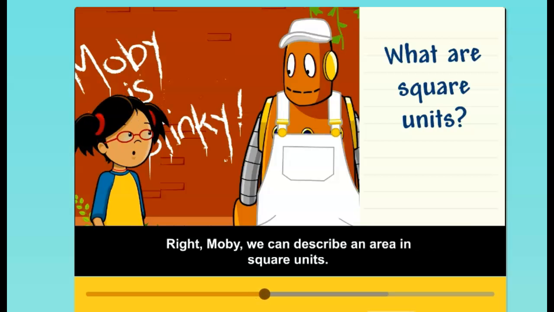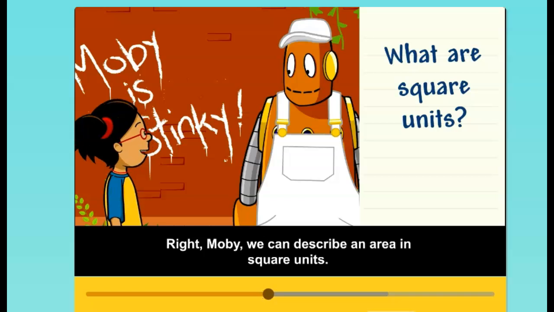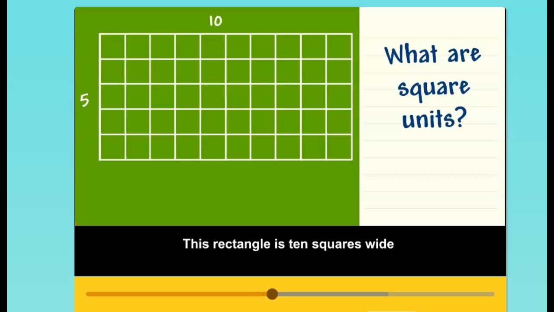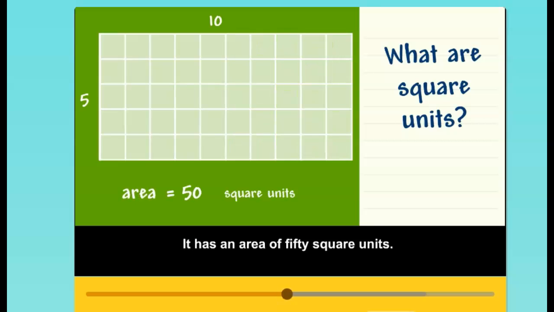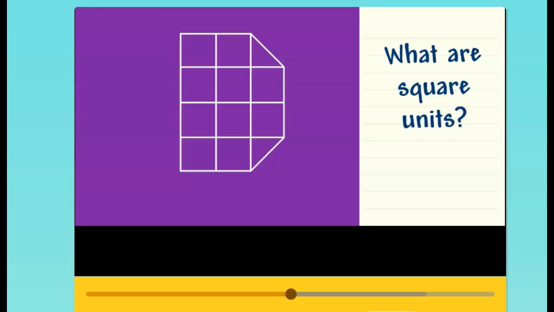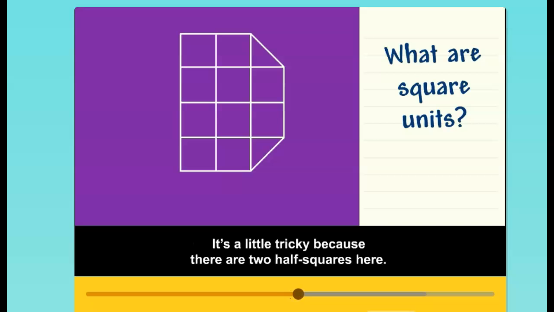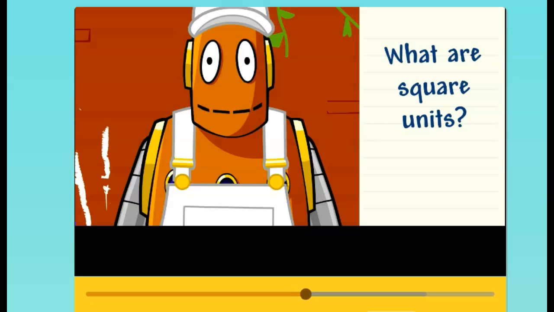Great, Moby. We can describe an area in square units. This rectangle is 10 squares wide and 5 squares tall. It has an area of 50 square units. What is the area of this shape? It's a little tricky because there are 2 half squares here.